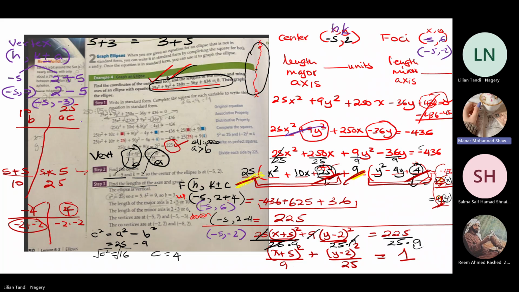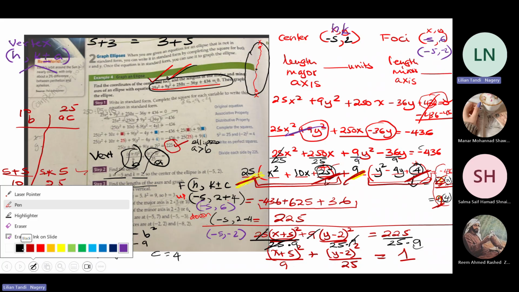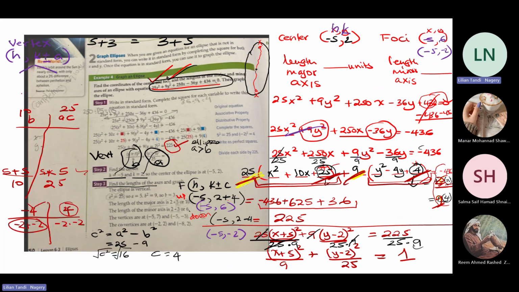What do you do? Can you repeat? Okay, -5 what? What is my H? We know it, -5. I need 2 vertices.